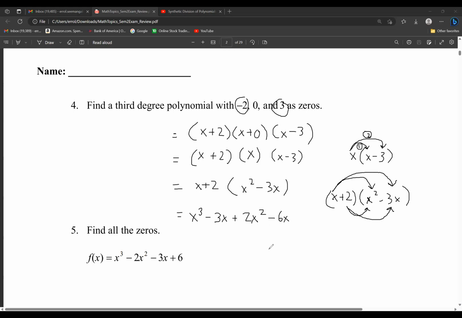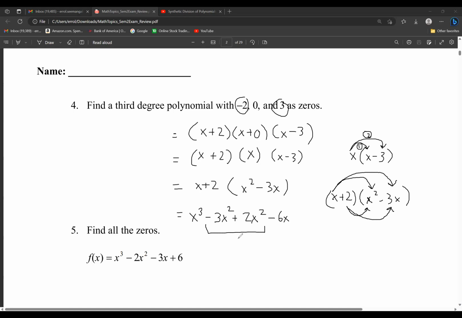Sorry. Now collect your like terms, right? Let's check that. X cubed minus 3x squared. I forgot the x squared here. X cubed minus 3x squared plus 2x squared minus 6x. Okay, so now just clean up these middle terms. Here's your like terms.